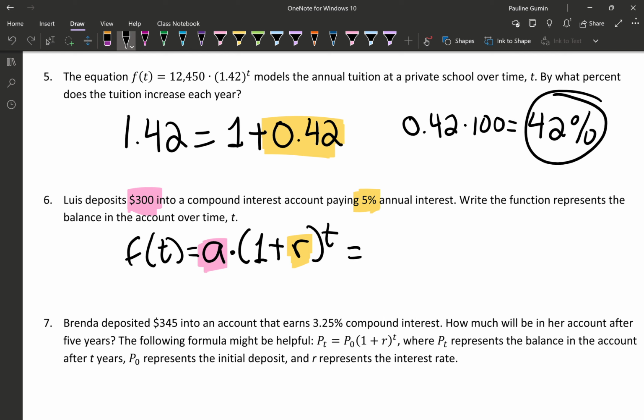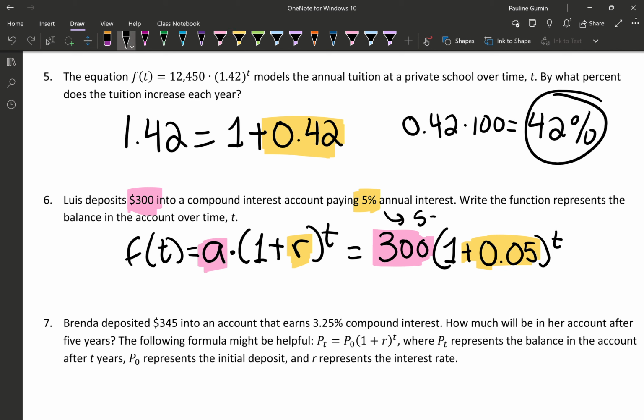So we get 300, because that's our starting point. And then 1 plus 5% as a decimal is 0.05. In order to go from percent to decimal, we do the opposite of what I did in number 5, and we divide by 100. That's how I got 0.05.